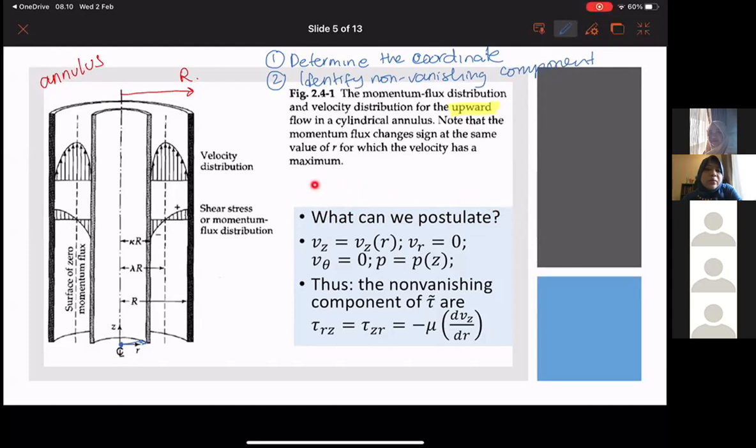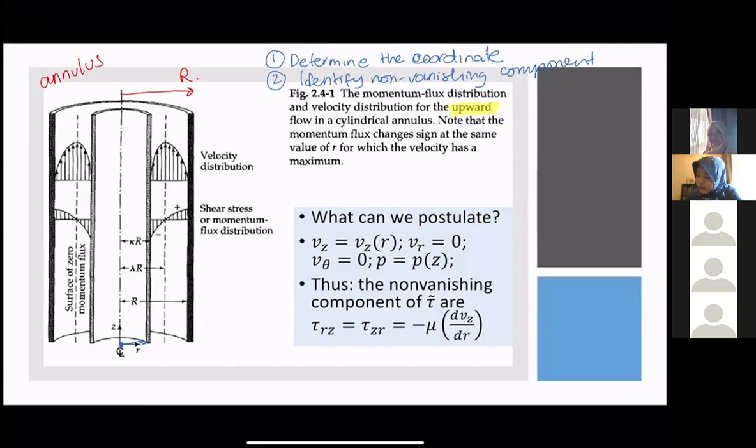So we know that we have v_z. This is the fluid between the two cylinders. As in the previous case, we have v_z, and v_z is a function of r.